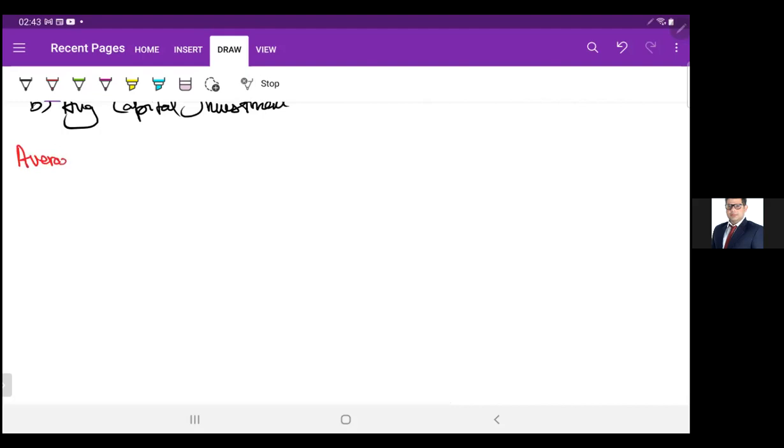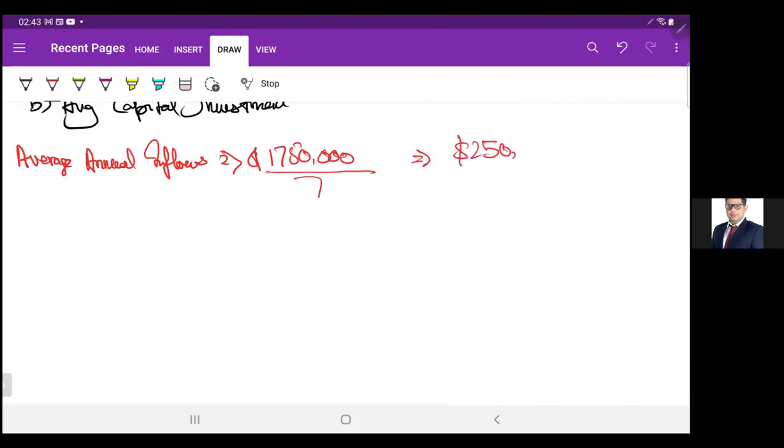Average annual inflows: the total is $1,750,000, and we will divide it by 7 years. We will get $250,000.